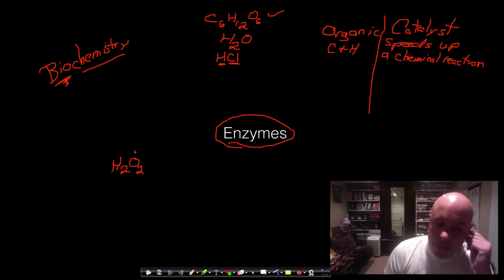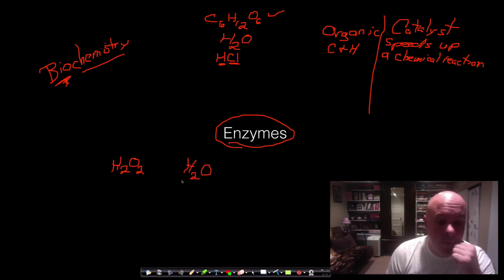If you look at this, it looks very similar to water, H2O. Hydrogen peroxide will eventually change to water, but it'll take maybe about 1,000 years or so for it to go from hydrogen peroxide to water.